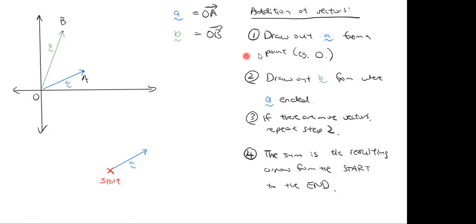In other words, I've done step 1. The next thing I need to do is add my next one, which if I'm doing A plus B, I need to draw B, which looks like this. So I need to start here and draw vector B, which more or less looks something like this.